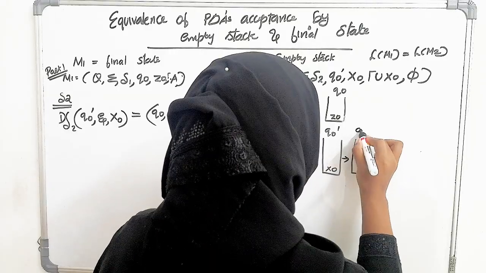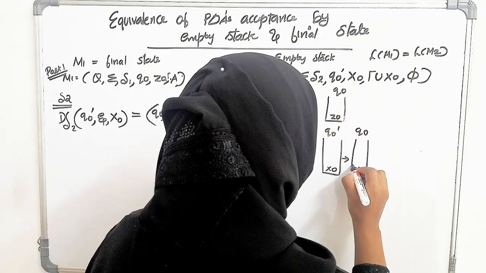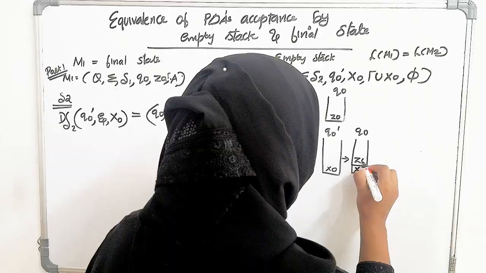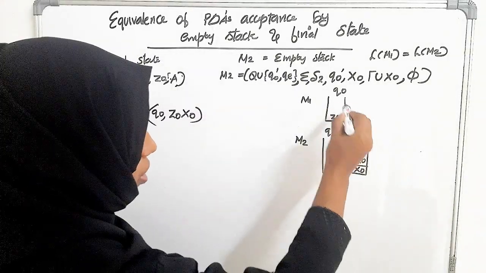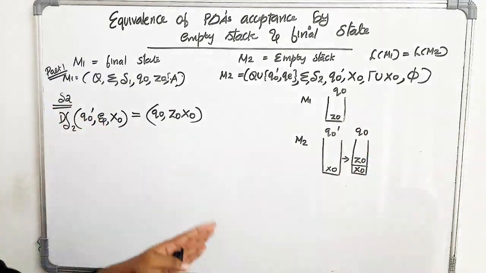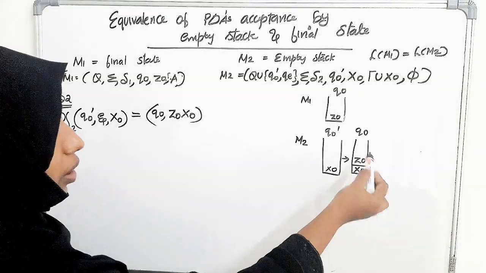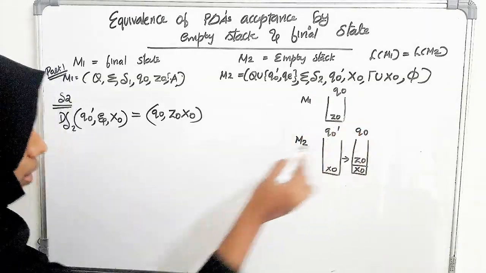We go to Q0. X0 was the initial symbol, and now we are pushing Z0 on top of X0. Now we have reached this particular configuration: the state is Q0, the top of stack is Z0. So we achieve this particular configuration of M1 using this.